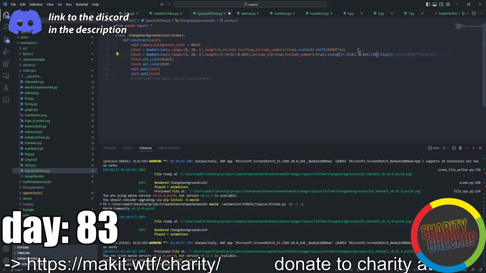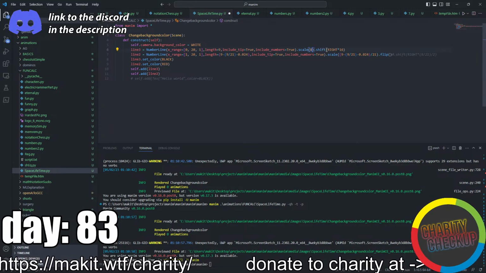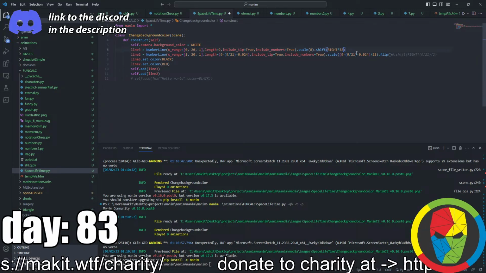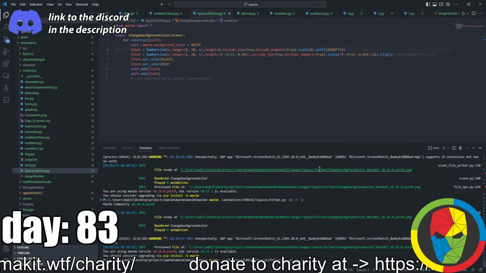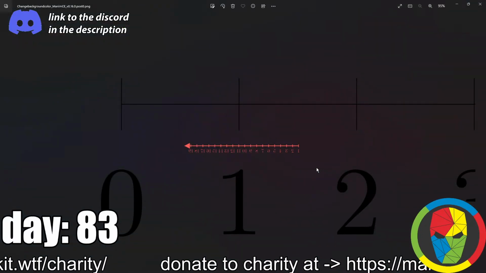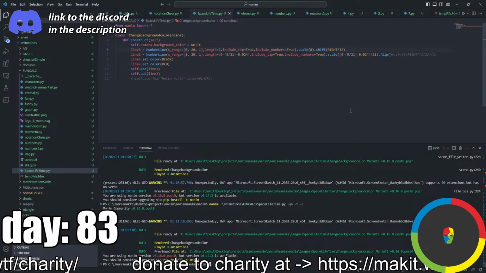Or maybe just divide by 21 and this times 8 and this times 32. Yeah, I suppose that could also work.